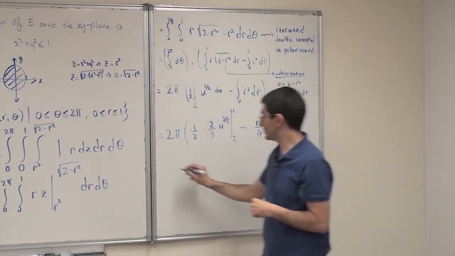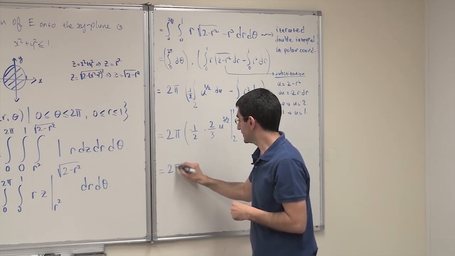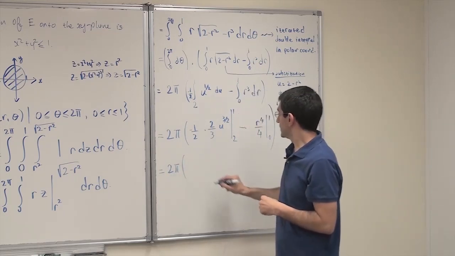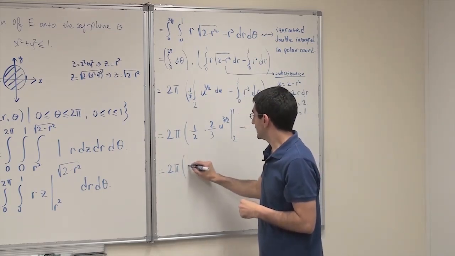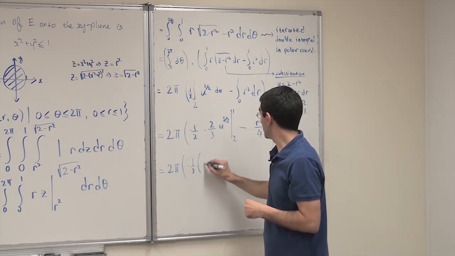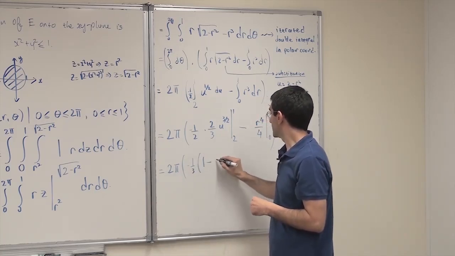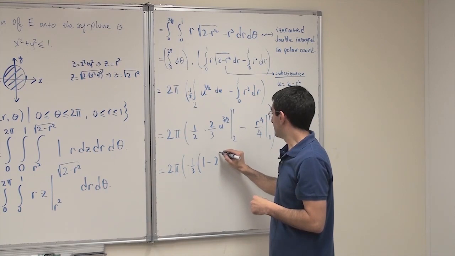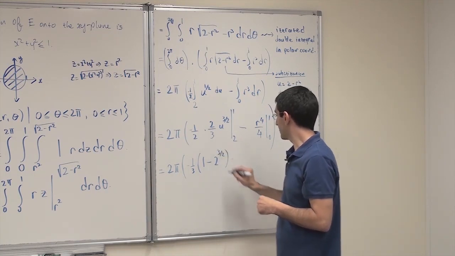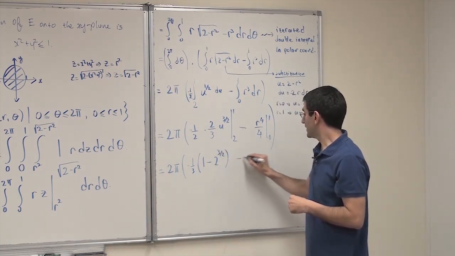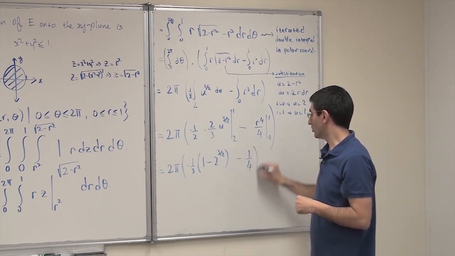Now, we substitute the boundaries. So, here we have negative 1 over 3 times 1 minus 2 to the power 3 over 2, and then minus 1 over 4.